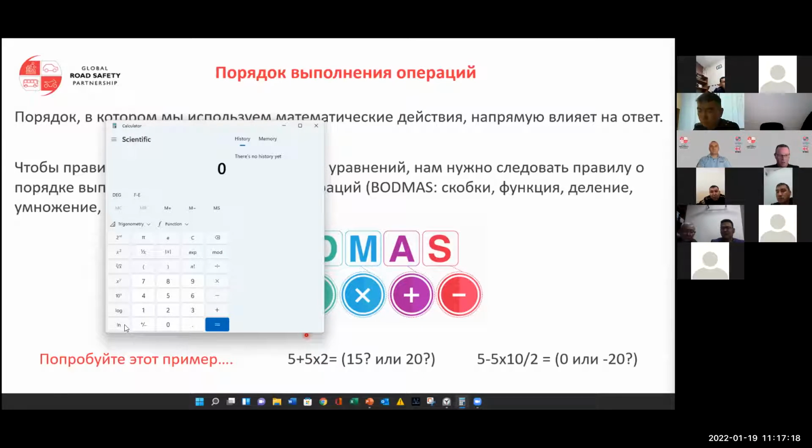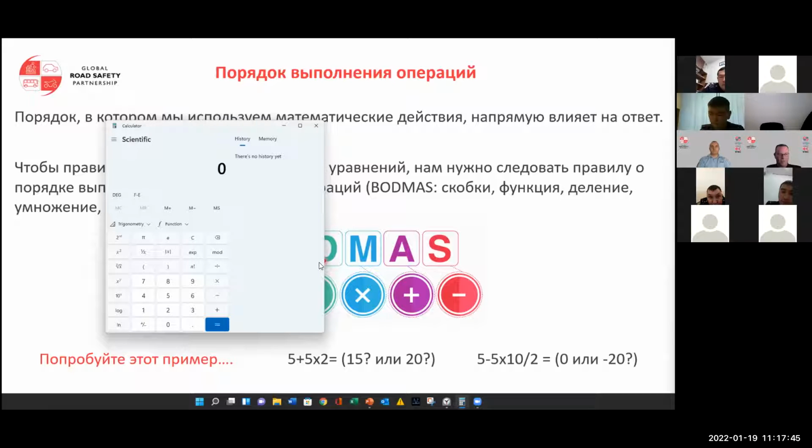So the first thing we do is multiplication. We've got multiplication there before addition. So 5 times 2 is 10. Now we do the addition. 10 plus 5 is 15. So the correct answer is 15, not 20. So using that BODMAS does make a big difference.